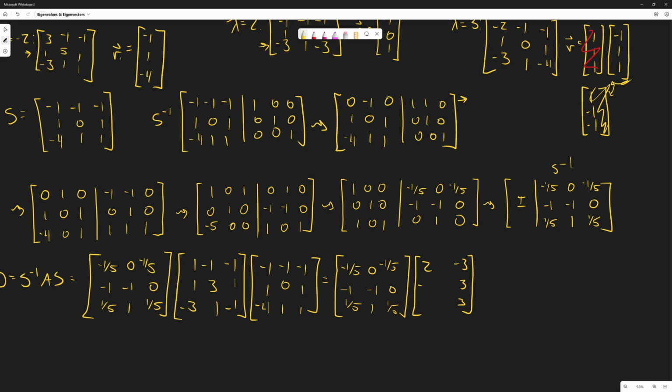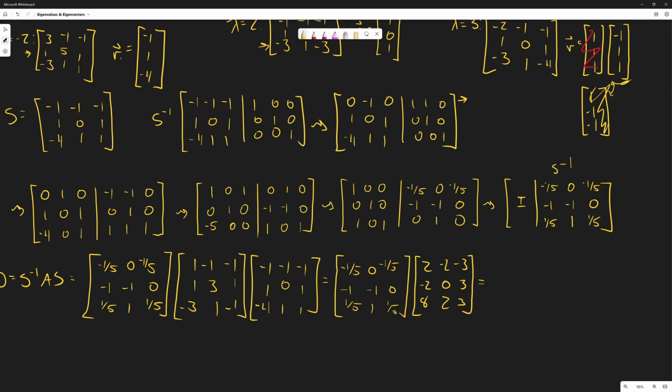That'd be negative 2. Negative 2. And then this will be negative 1, 3, 2, and then negative 4, negative 2. And then here we'll have negative 1, 0, 1. That'll be 0. This will be 3 plus 1, 4 plus 4 is 8. And then this will be 3, 0, 2. This one looks a lot better.